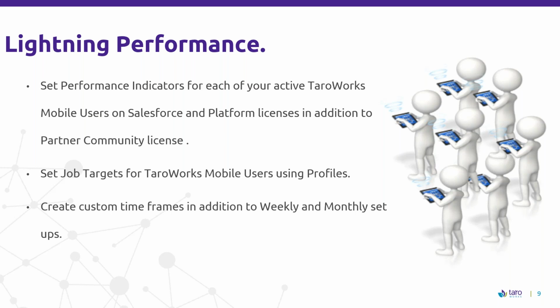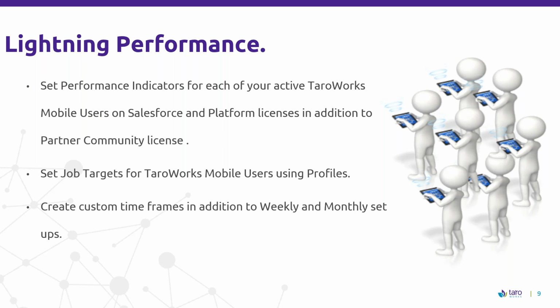That had been done up to some modules, and I remember in our release notes we highlighted that the performance module was not yet supported. So now with 7.4, we have extended the support of TaroWorks mobile users on Salesforce and platform licenses, of course, in addition to the existing partner community licenses. That's one of the enhancements we have on the performance module.